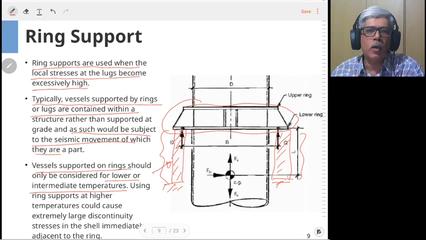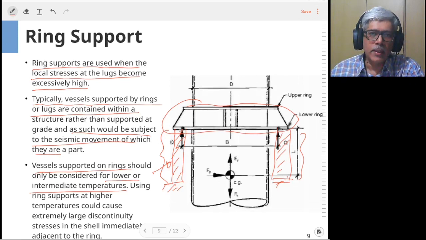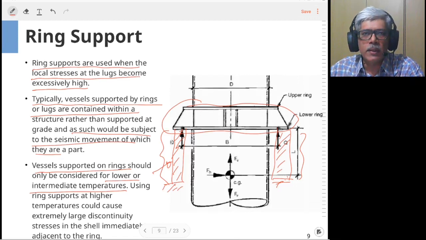If the vessels are operating at very high temperature, these rings are encompassing or enclosing the entire vessel, and if the vessel temperature is very high, the vessel will try to expand. The ring, although by conduction it will get to a higher temperature, will have some part exposed to the atmosphere at lower temperature, so it will induce a sort of complex thermal stresses in the vessel.